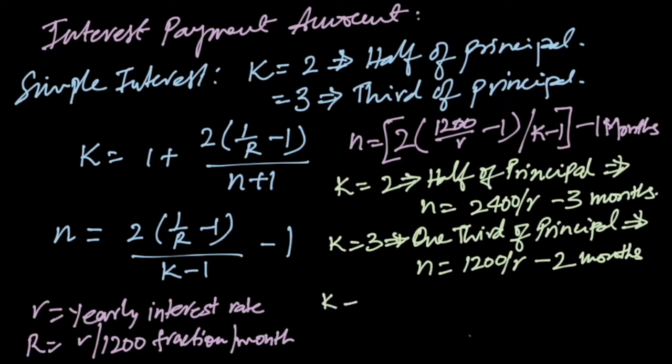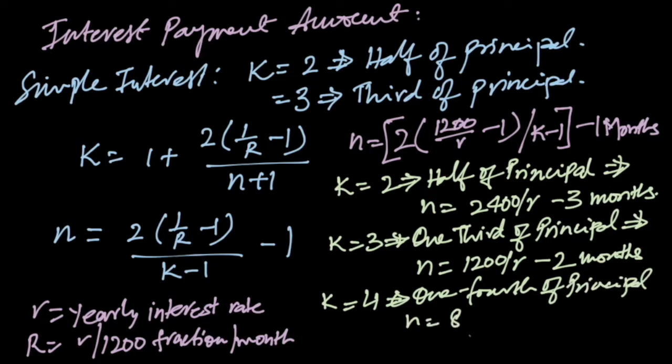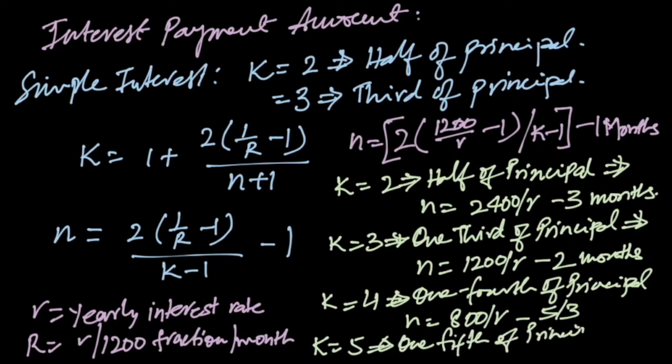And so we can do for K is equal to 4 for 1/4 of the principal, and K is equal to 5 for 1/5 of the principal. Let's do the same exercise for compound interest.